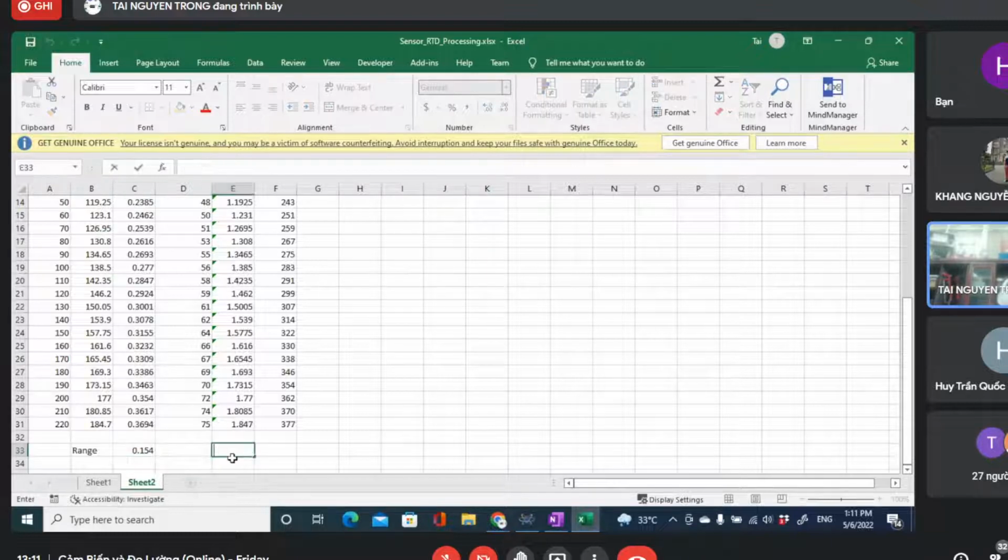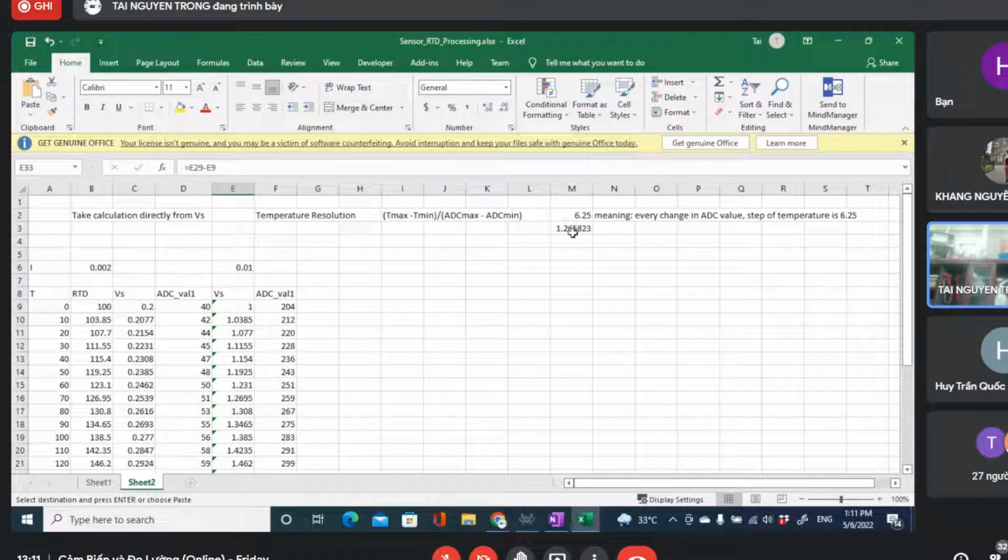But in this case, it's a little high, almost the same, but the range is maybe bigger. This is only 1.50, and this one is 5 times larger than this one.